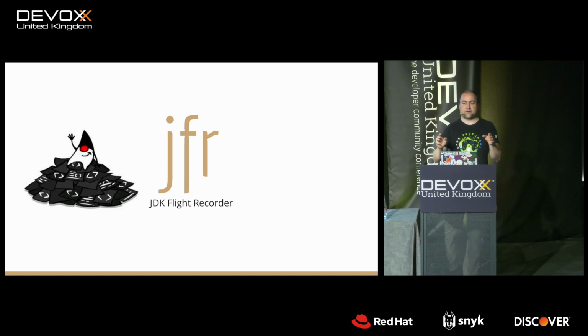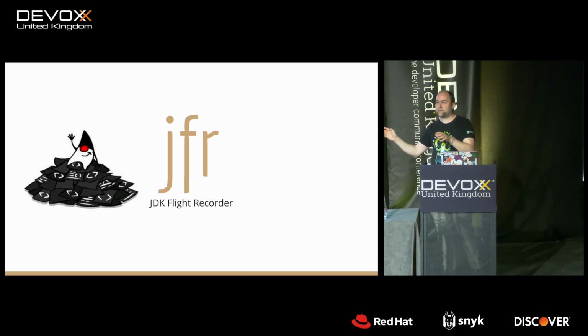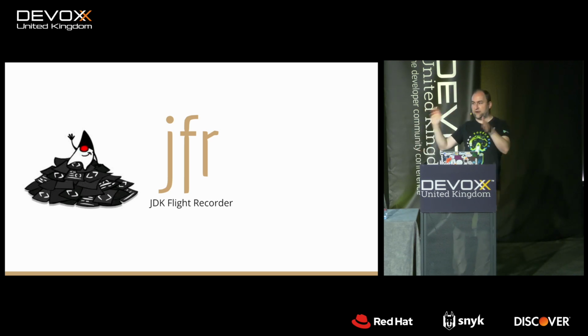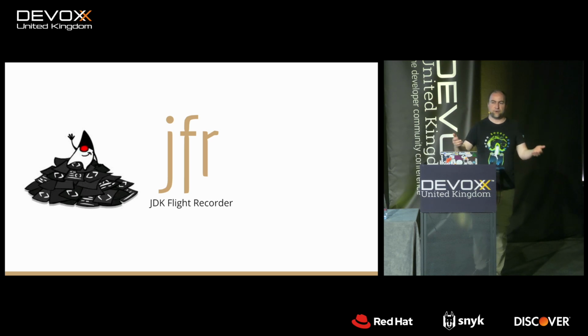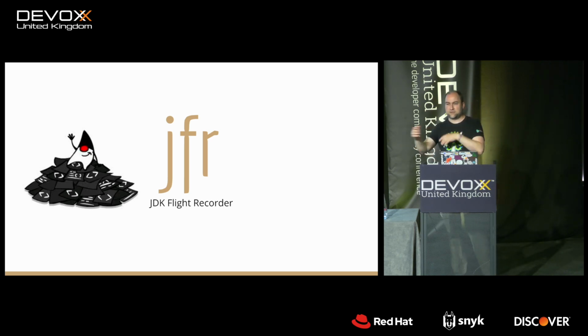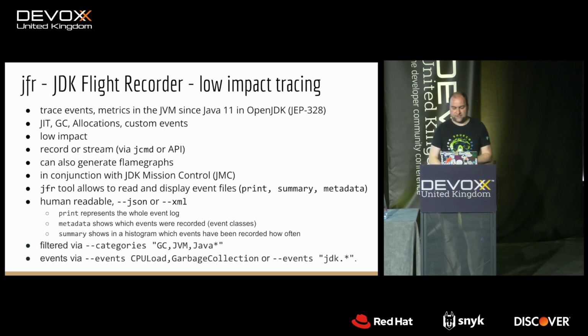What I just want to say is you can record a lot of different events, from method calls to allocations. You can even create your own JFR events that you can then record. So for instance, if you have application events that you want to mix and match or interlock with JVM events, you can do this as well. It's really cool. I just want to show you that with jcmd, you can also start and stop JFR recordings and then use them.